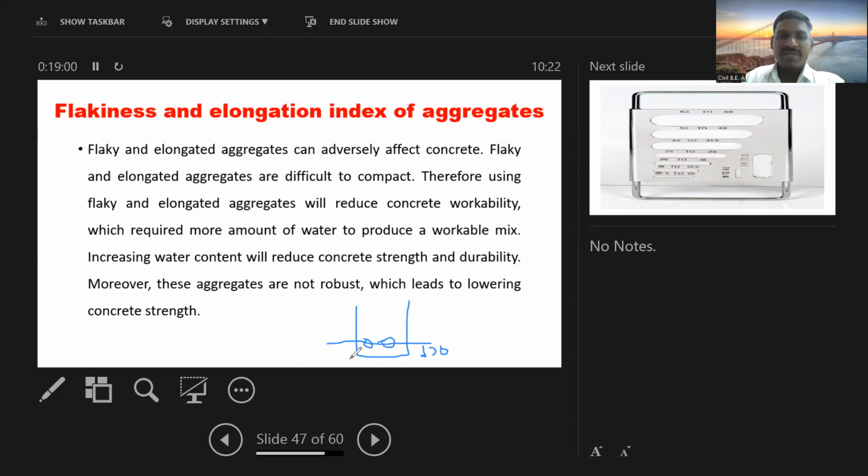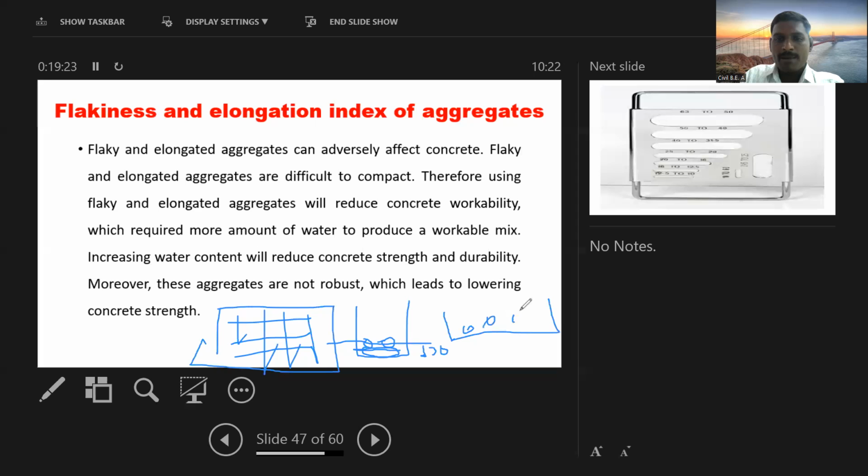So why are we using 20 mm? Because of the part below the steel in the beam, or if you see a slab, with steel placed like this. Below the slab the cover is very small, 20 mm or 25 mm.